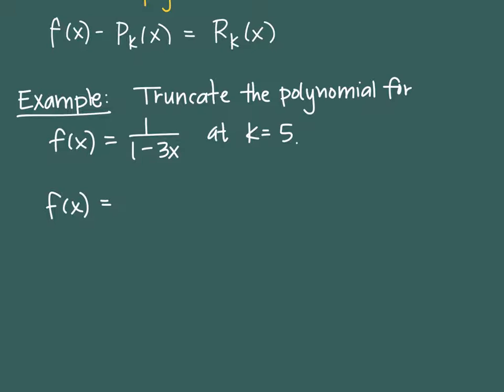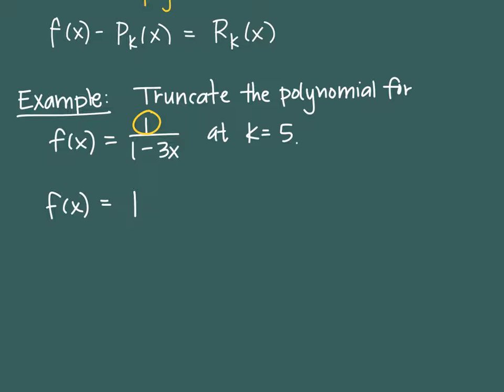This is a geometric series. What's the first term going to be? 1. You can tell because a is 1 on the top, so the first term will be 1. And then what is the multiplier here to create this polynomial? Right, we have a sub 1 over 1 minus r.